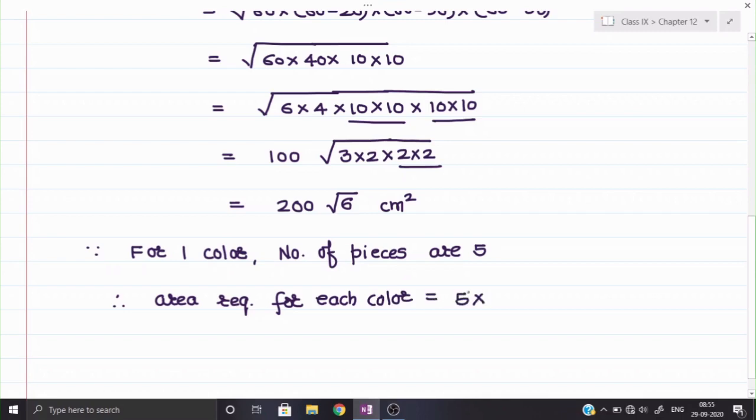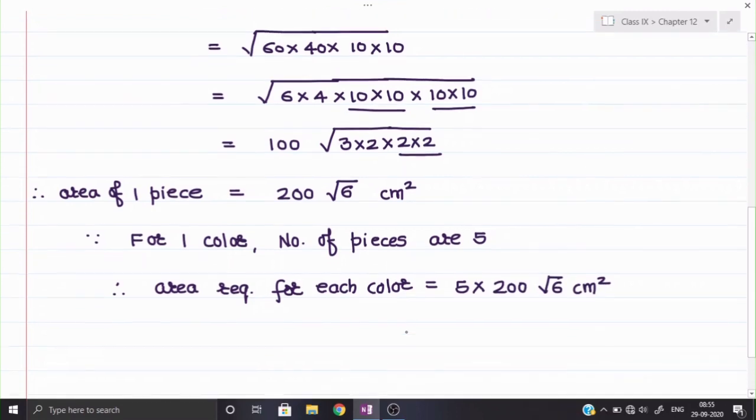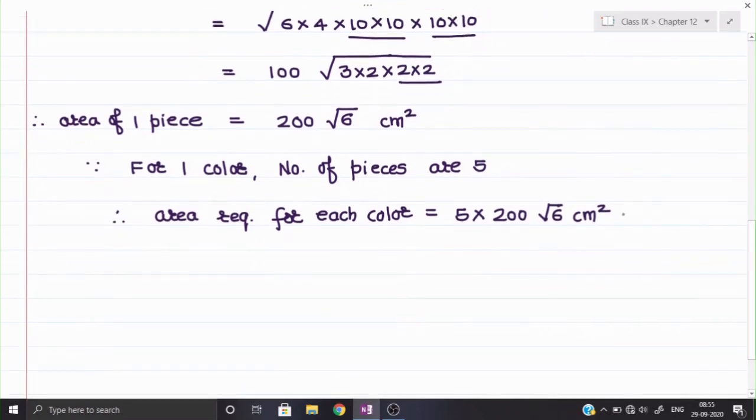So we shall multiply 5 by the area of one piece. This is our area of one piece. So that will be 5 into 200 root 6 centimeters square. So it will be equal to 1000 root 6 centimeter square.